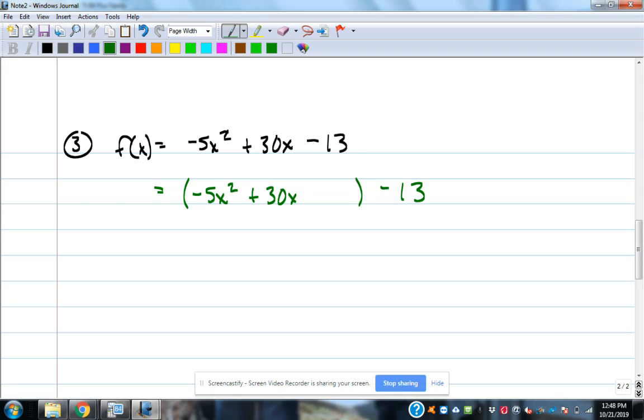What's the next step? Pull out that negative 5. So that's going to be negative 5 parentheses x squared. And then what do I get when I take a negative 5 out of a positive 30? Negative 6x.